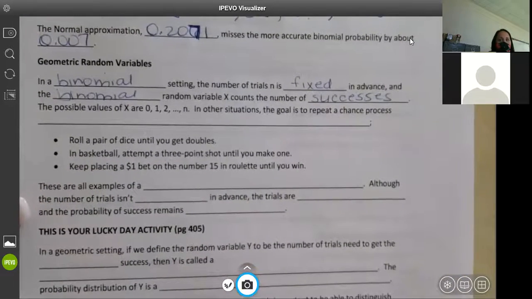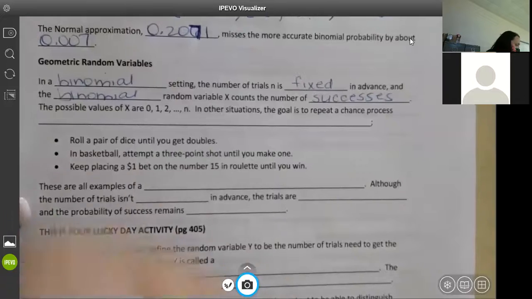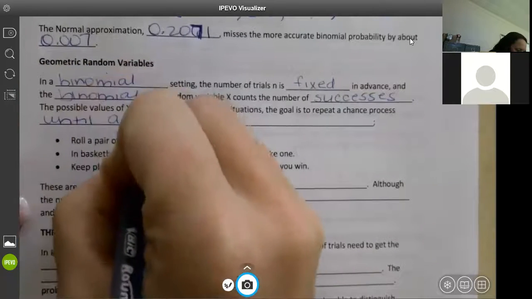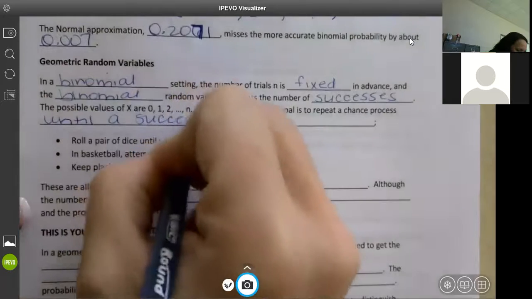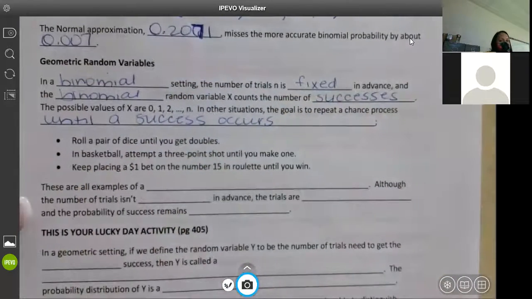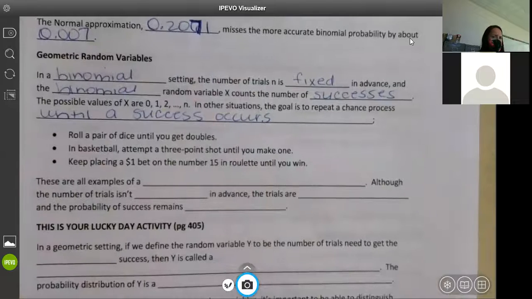In other situations, the goal is to repeat a chance process until a success occurs. So rolling a pair of dice until you get doubles, in basketball attempting a three-point shot until you make one, or keep placing a $1 bet on the number 15 in roulette until you win.